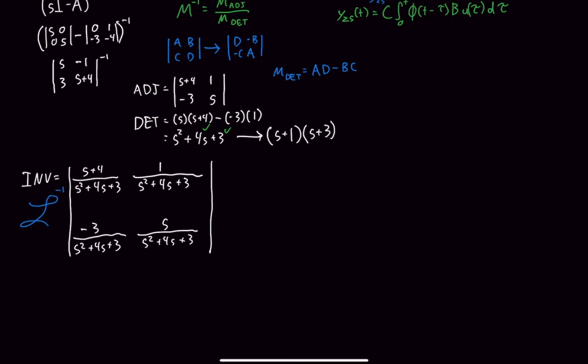Now, s plus 4 over s plus 1, s plus 3 equals A over s plus 1 plus B over s plus 3.